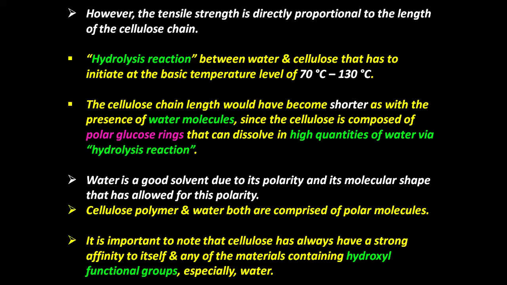Cellulose polymer and water are both comprised of polar molecules. It is important to note that cellulose has always had a strong affinity to itself and to any materials containing hydroxyl functional groups, especially water.